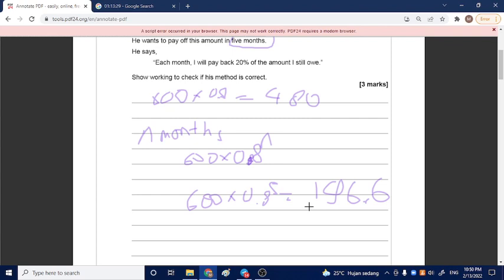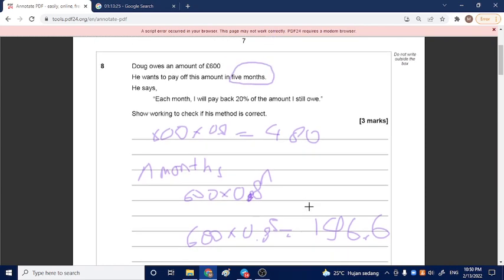I am not sure. I mean, I do not get it. In this method, you will never pay off in eternity, because 0.8 to the power of n will never be 0 for an infinitely large n.